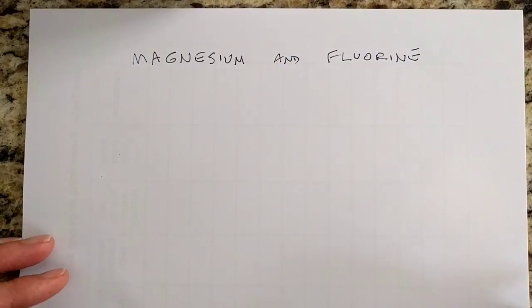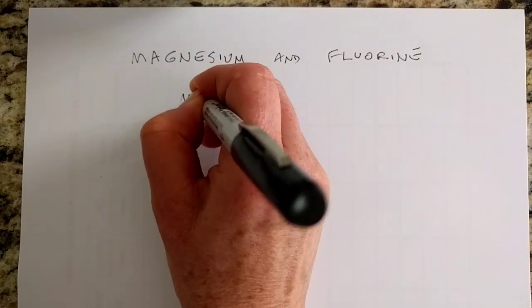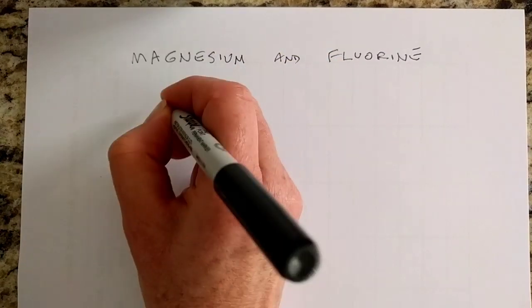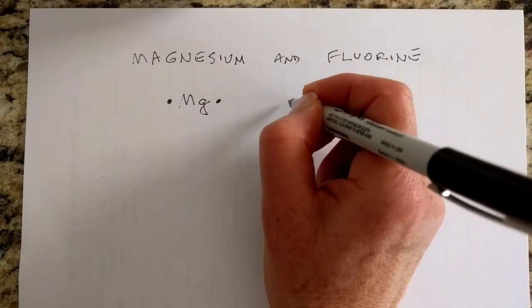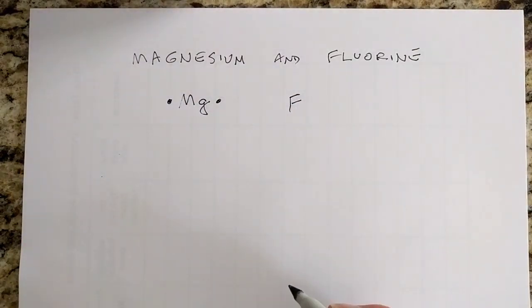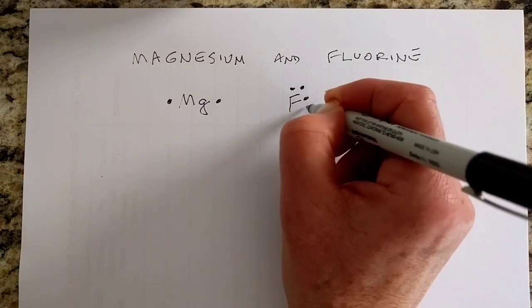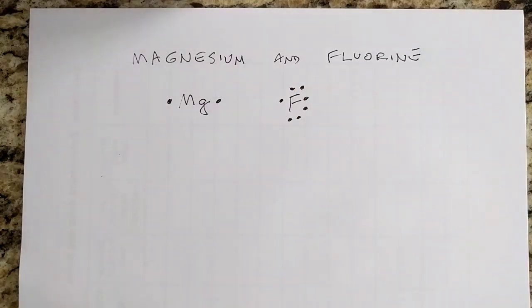Our first step is to do the electron dot structure for each of our elements that are going to make up an ionic compound. So magnesium, Mg, is in group 2, so we have 2 valence electrons, 1, 2. And fluorine is in group 17, so it has 7 valence electrons, 1, 2, 3, 4, 5, 6, 7.